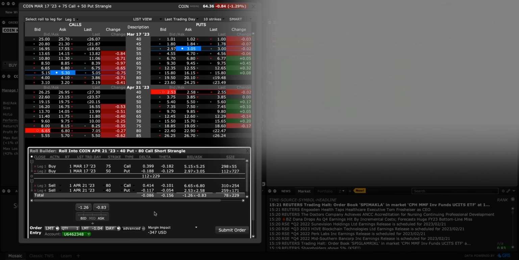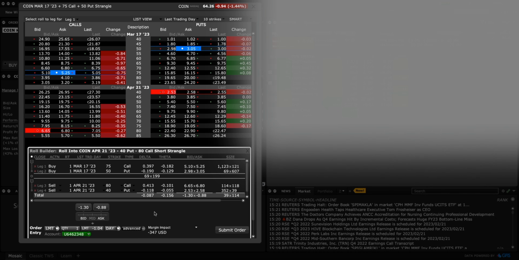So I'm trying to get as much delta neutral as I possibly can while still maintaining a net credit. So if we think about what we're doing here, we're buying back this strangle, and I have been adjusting my position. I have made around $600 off the March 17th strangle, so I have to add that premium on when I eventually get out of this trade.